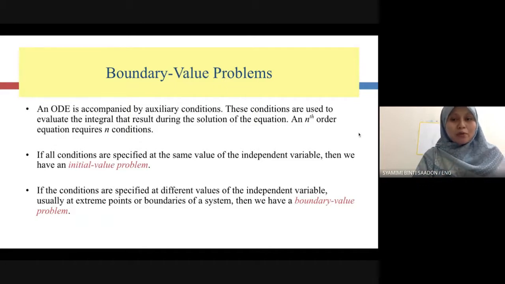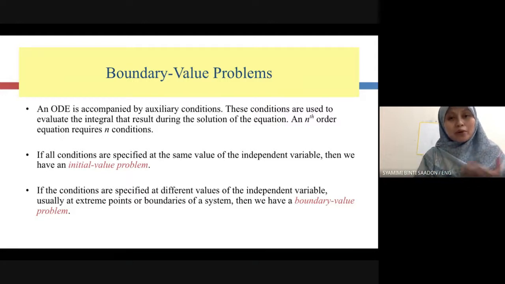For example, if we have an nth order differential equation, we need n conditions. If all conditions are specified at the initial point, then we have an initial value problem. In boundary value problems, we are going to have a set of equations.